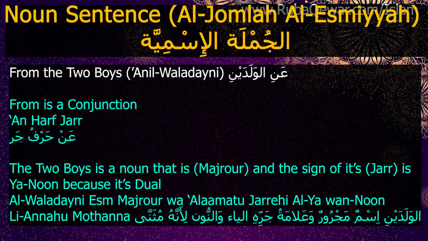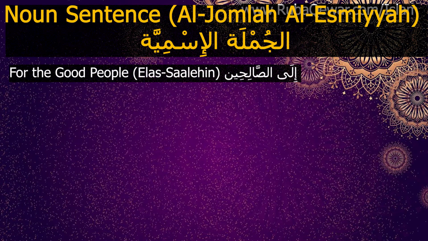Okay. عن الولدين. Let's say إلى الصالحين, to the good people. الصالحين, to the, or for the good people. Alright, so how do we do the إعراب for this?